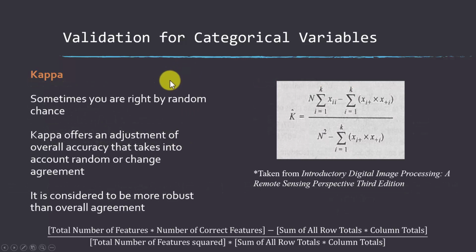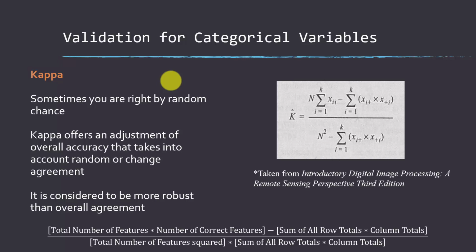Okay, the kappa statistic is another common statistic used in remote sensing and also just to look at categorical predictions. So sometimes you can just get a sample correct by random chance. So for example, if you had an area that was 80% forested, you could classify everything as forest and it'd be 80% right, even though that's basically useless.